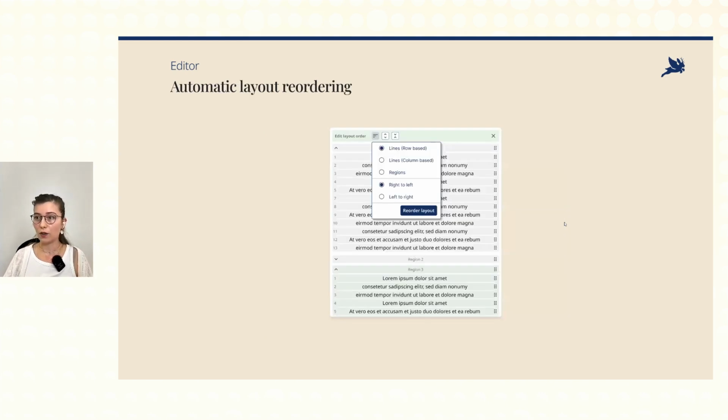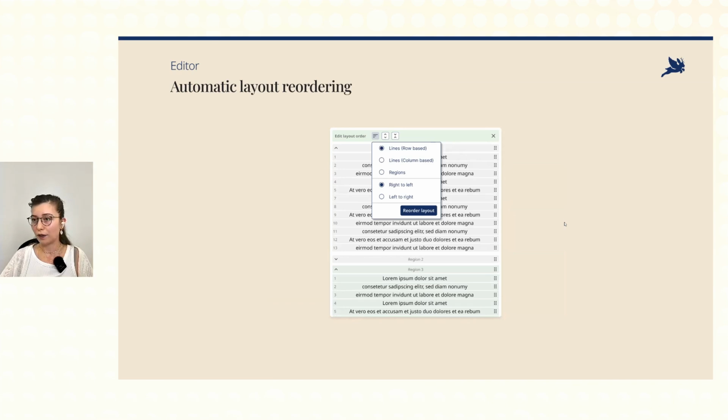Another thing that has been mentioned a lot of times was that the layout reordering hasn't worked that well yet in the web app, so we've taken another look at that. This is also not yet on beta, but will be coming to beta. Here you can reorder lines or the layout based, for example, on rows or on columns.